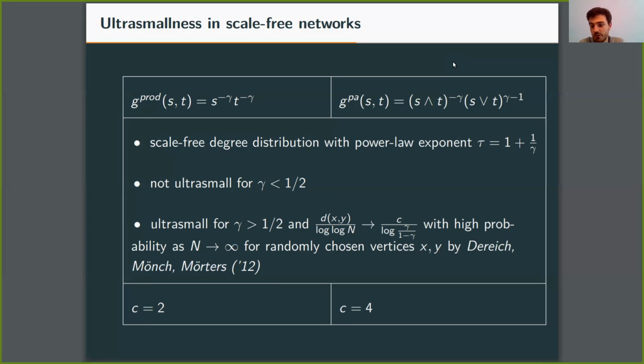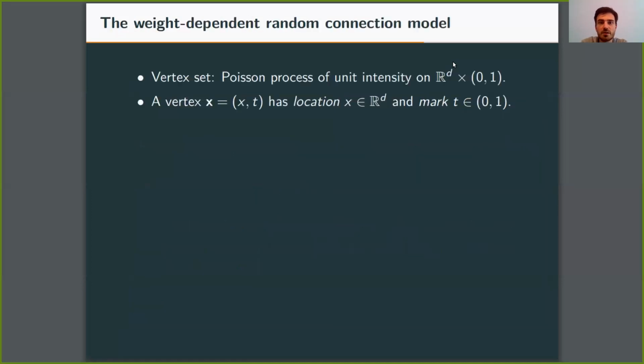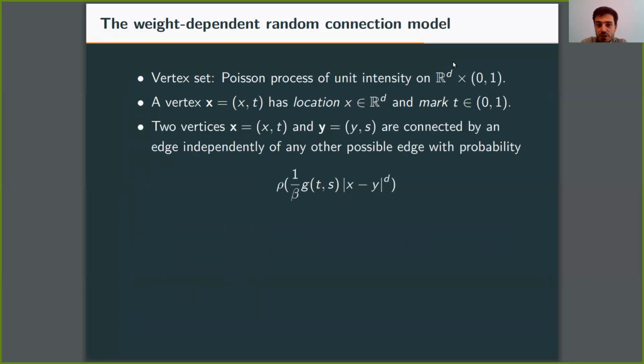Well, now we can focus on geometric random graphs and will introduce the weight-dependent random connection model. We start with a vertex set, which is a Poisson process of unit intensity on R^d times the interval [0,1]. And we say a vertex has location x in R^d and mark t in the interval [0,1]. Given these vertices, we draw an edge between two vertices independently of any other edge with the stated probability.